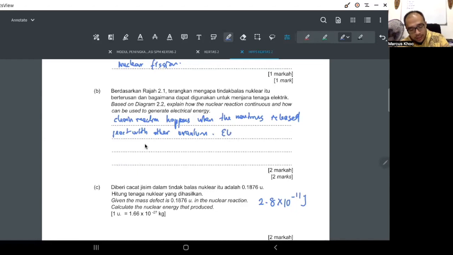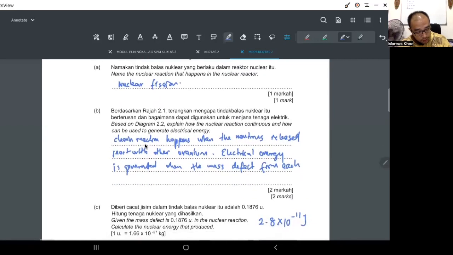The electrical energy is generated when the mass defect from each reaction is converted to electrical energy.